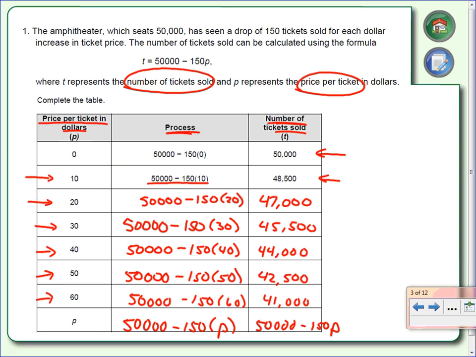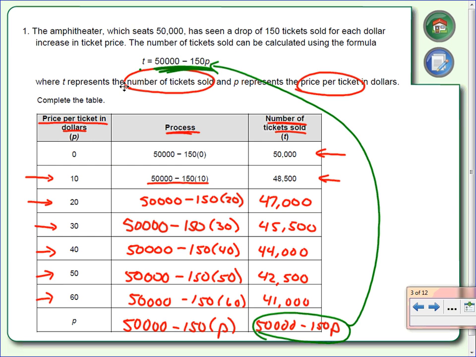That should look familiar. Where have I seen this before? Notice that it's exactly the same thing that I have right here. So how did I figure out how many tickets were sold? Simply by doing this, where P represents the price per ticket.